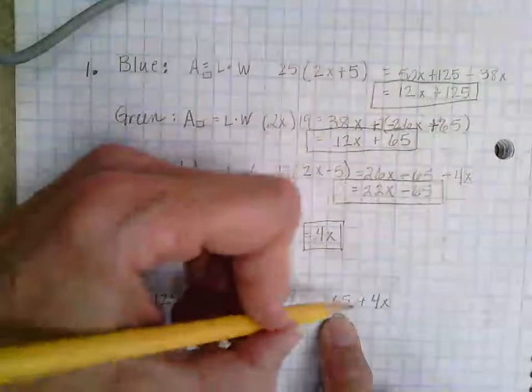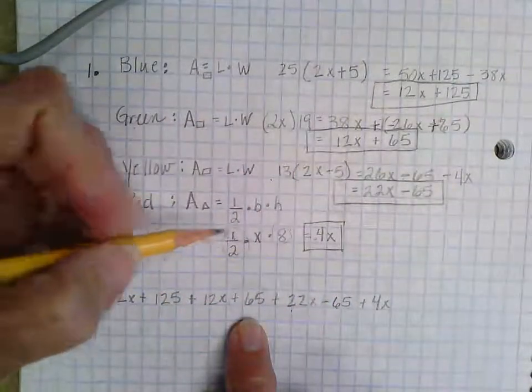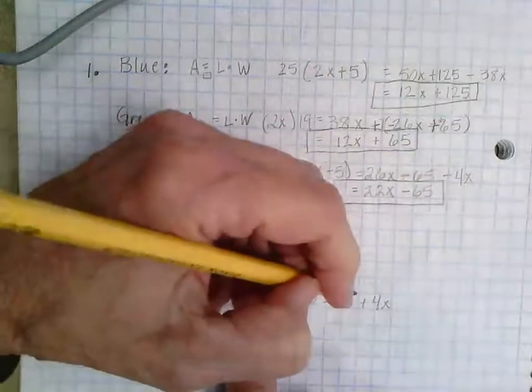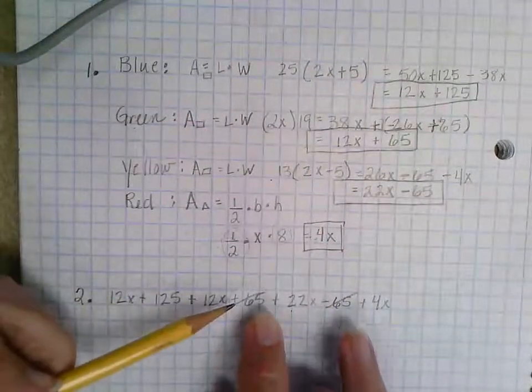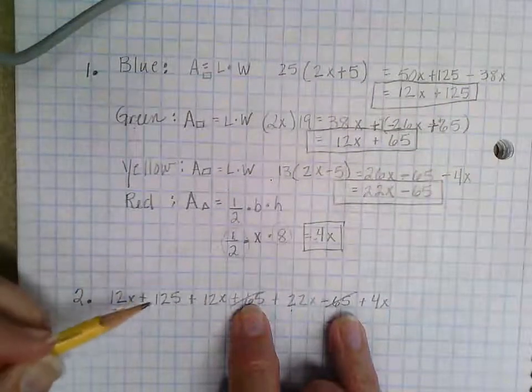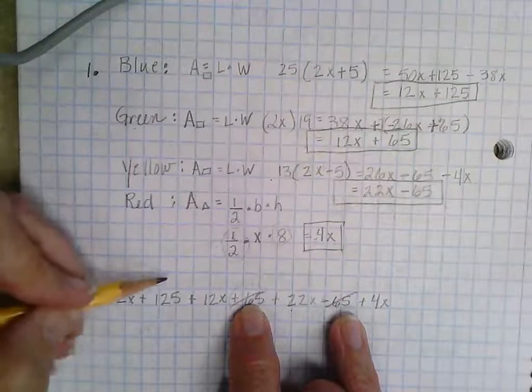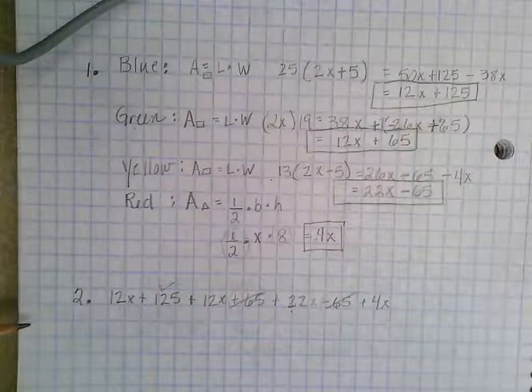I notice I have a negative 65 here and a positive 65 here. Those two are going to cancel each other out. And that's why I wanted to look at my constants first.